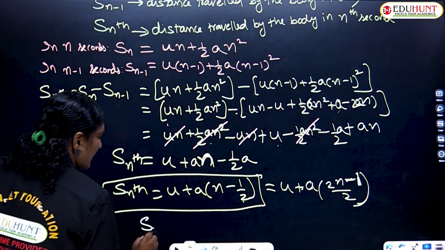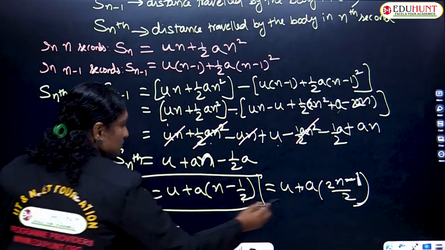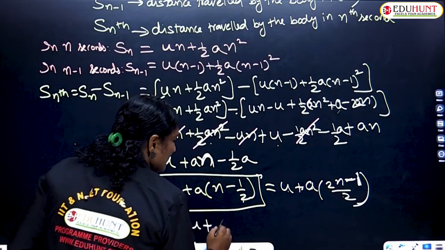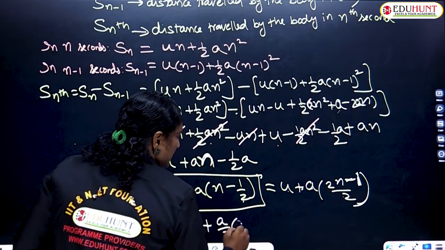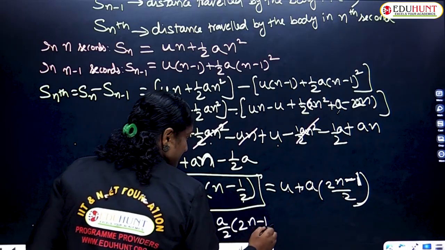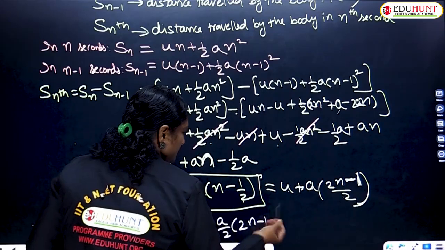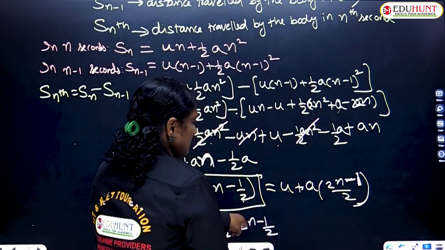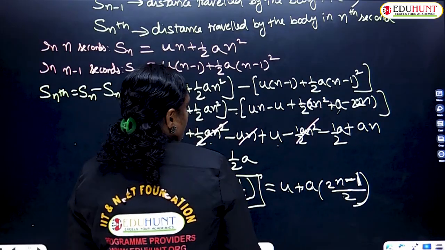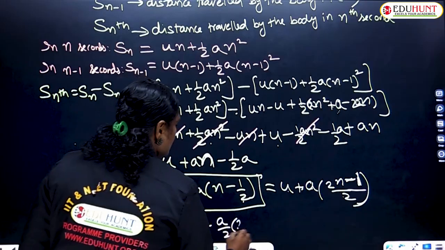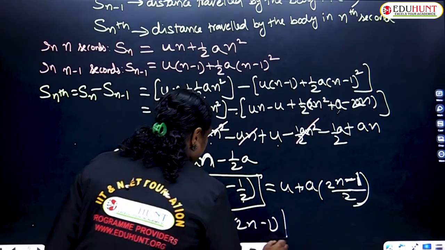Hence the value of Snth is equals to u plus a by 2 into 2n minus 1.